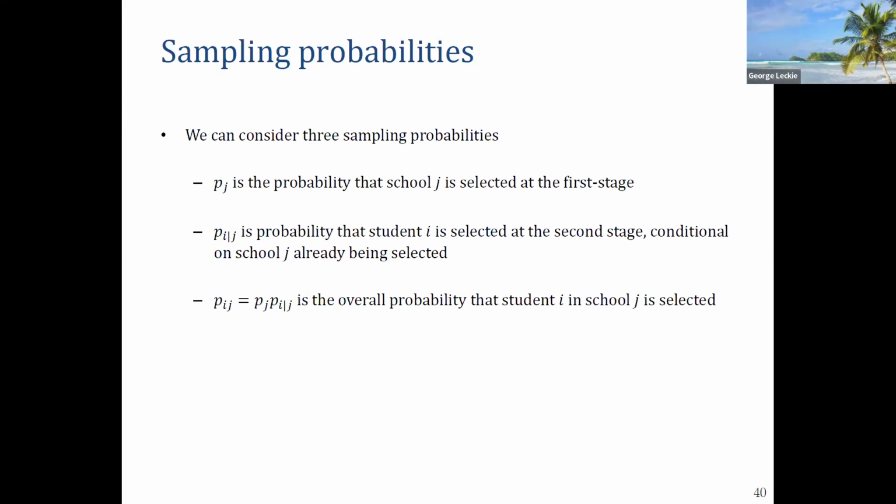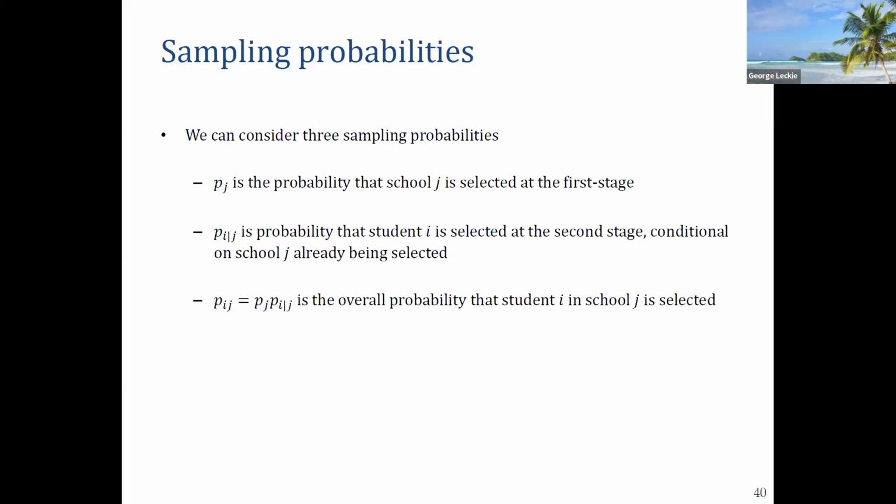Given I'm in one of the 417 schools, what is the probability that I select each child? Within school J, I've got the sampling frame of however many kids there are. Maybe there's 200 kids. We want 40. That's a probability of 0.2. But in another school, which only has 100, and I want 40, it goes to 0.4.